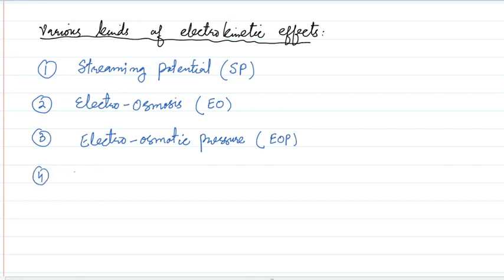And the fourth one is called streaming current, represented by SC. We will define these one by one and also derive the respective relations.